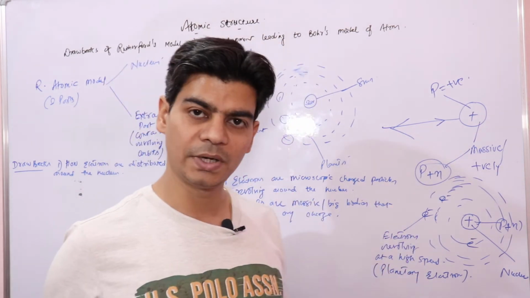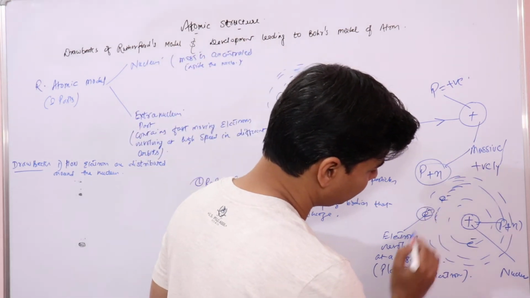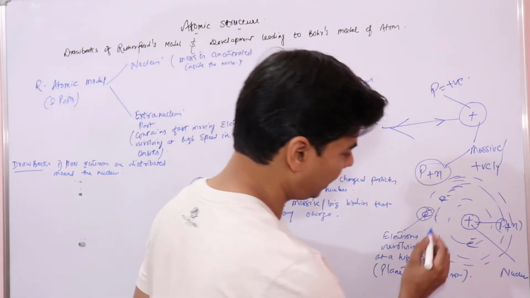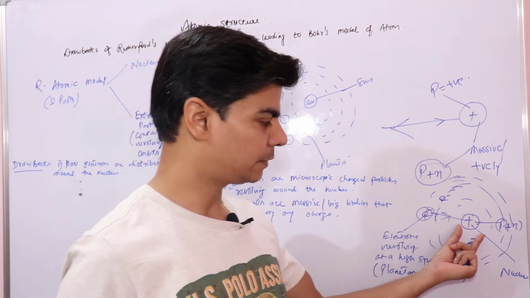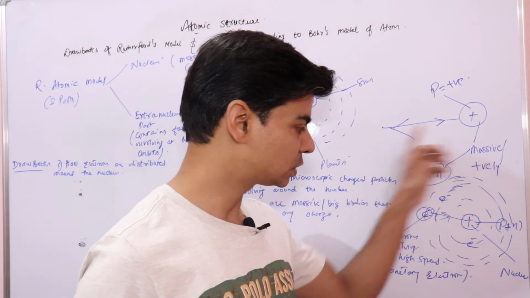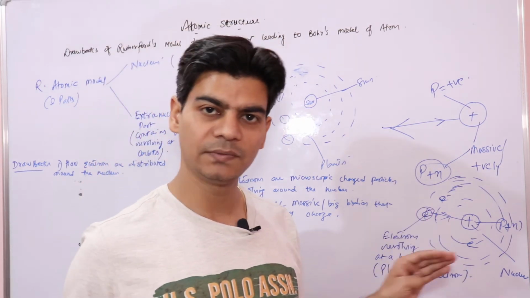Regarding the stability of the atom, Rutherford said that because these electrons are negatively charged and this nucleus is positively charged, ideally the electron should be attracted by the positively charged nucleus and should fall into the nucleus, thus destroying the atom, right? But this does not happen, as we know today.